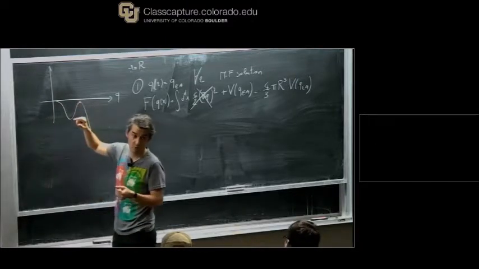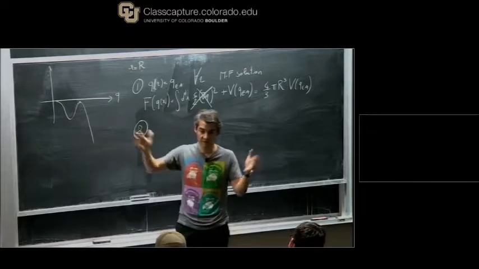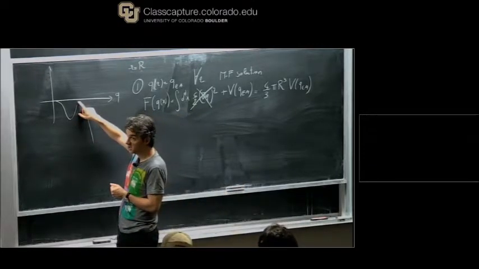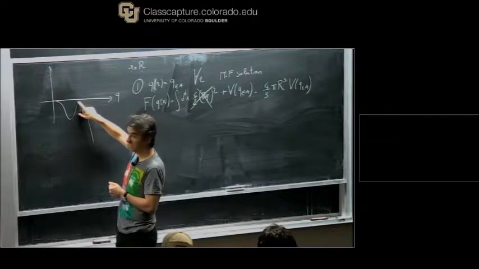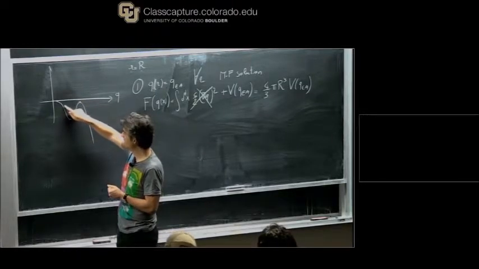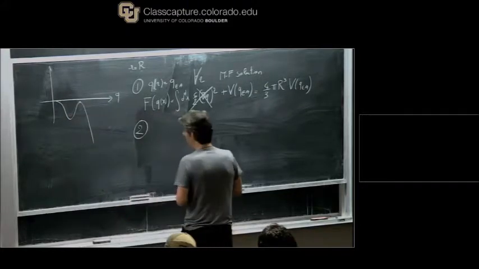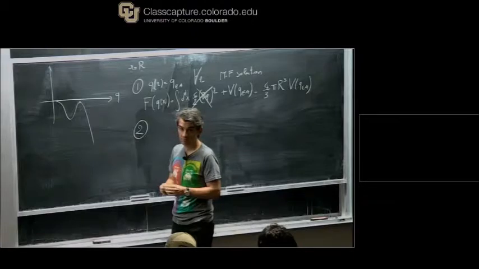Okay? This is a valid solution. In the limit of very big R, it's possible, because if I start with a very small kinetic energy, it takes a long time to escape from this, and then I go down, and then I go up again. So it's a solution in the limit of very big R. But, is it a good solution?